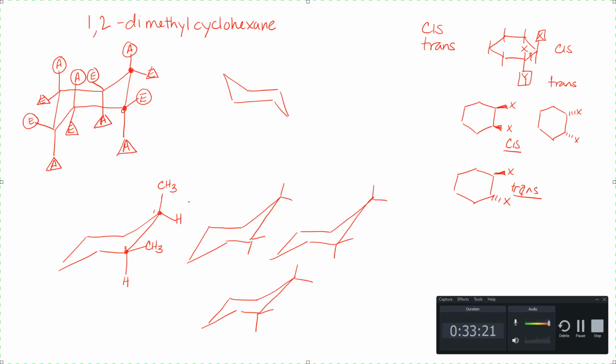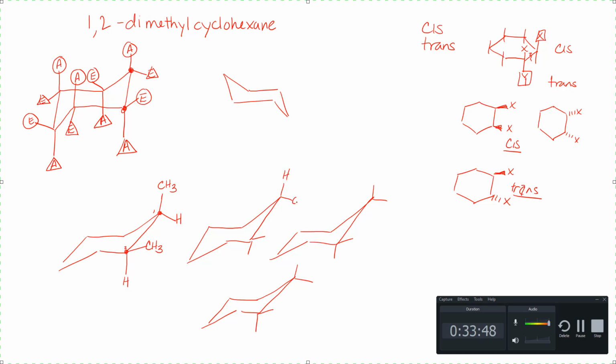What I mean by that is, remember, when you do a ring flip, what happens to the axial and the equatorial positions? They interchange. So if I'm only good at writing one of these chairs, then what I need to do is a ring flip without drawing this one. So if I ring flip this molecule right here, what happens?